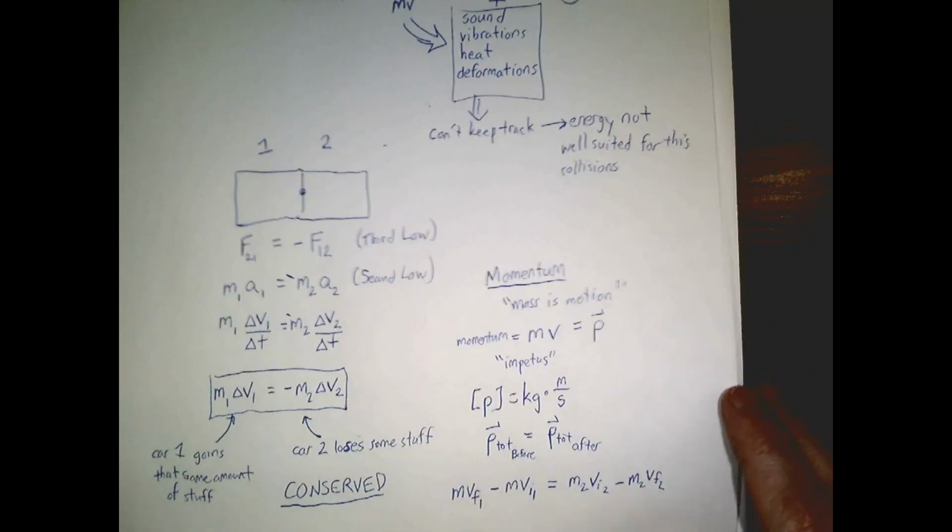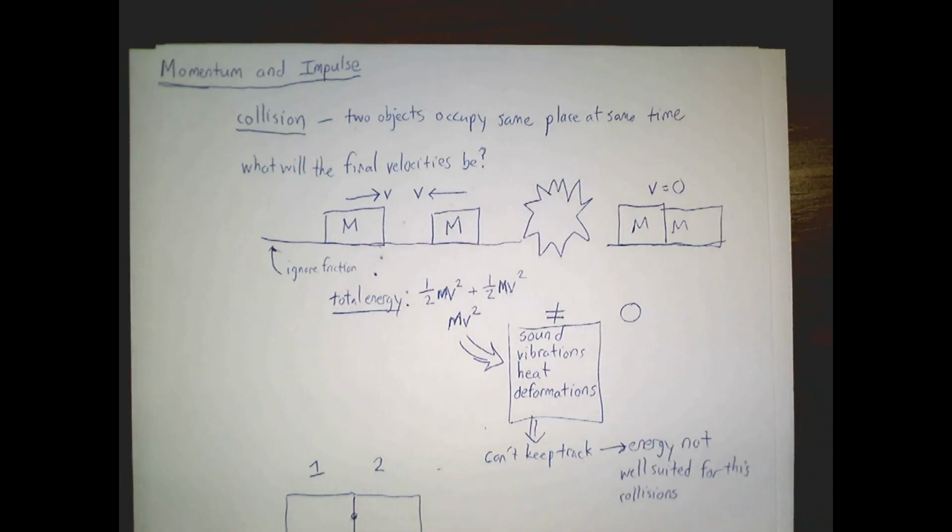So we have a special name for change in momentum, and that is called impulse. It's literally a change in p, or a change in mass times velocity.